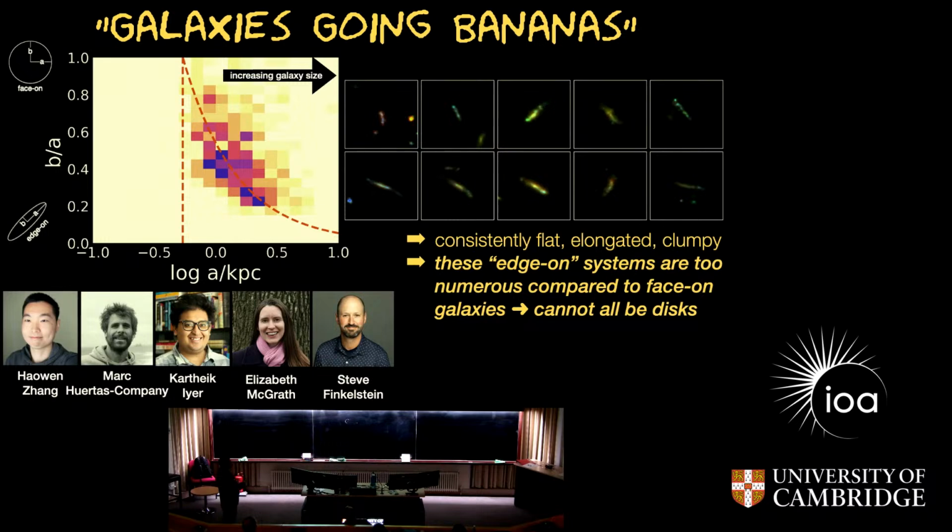If you want to preserve isotropy, that everywhere you look in any direction you should see galaxies randomly oriented, it means that not all of these things can just be galaxies like our own Milky Way, spirals seen from the side.